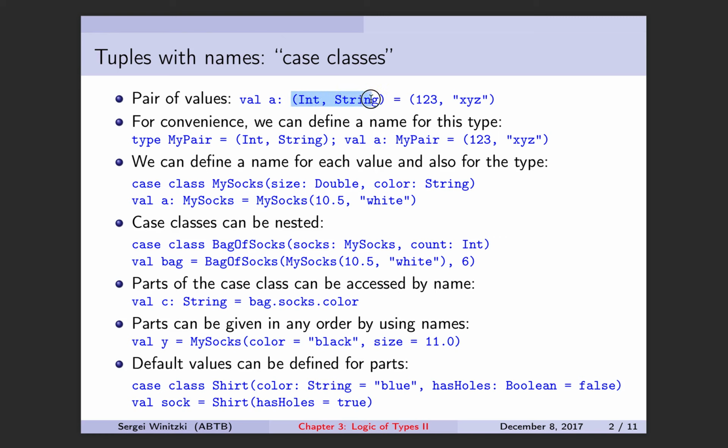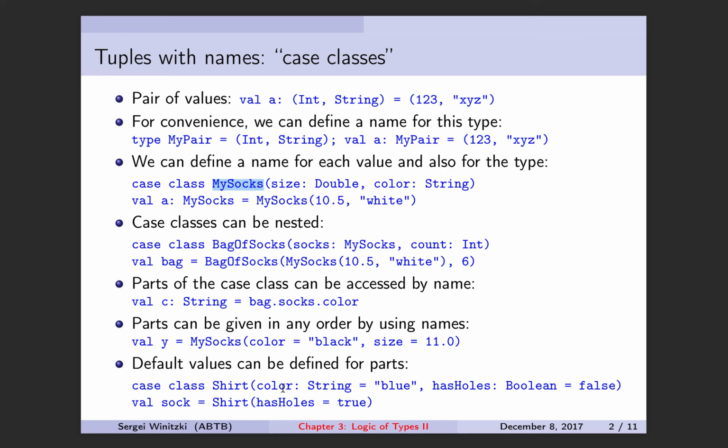So there are tuples such that each part of the tuple has a name, and also the tuple as a whole has a name. So this is an example where each part of the tuple has a name, and also the tuple as a whole has a name. So the type of the tuple with names is called a case class type.